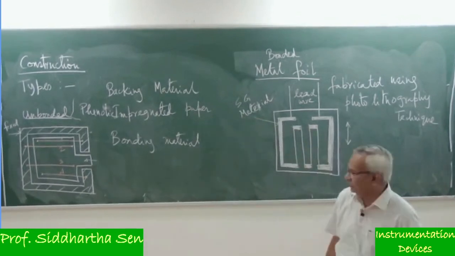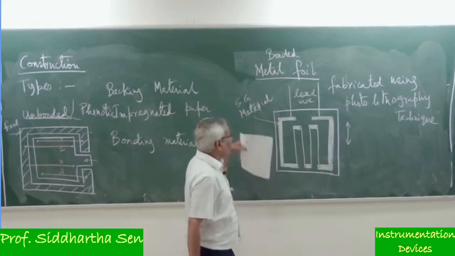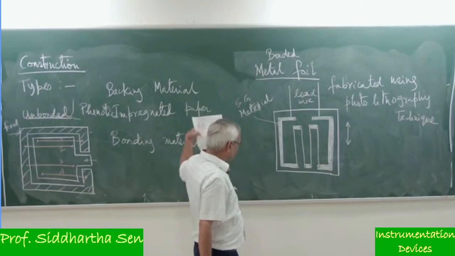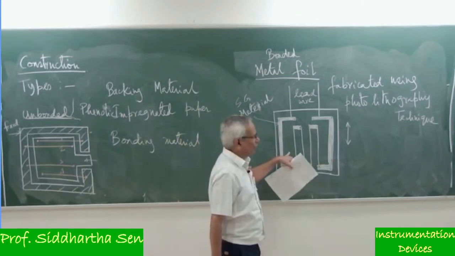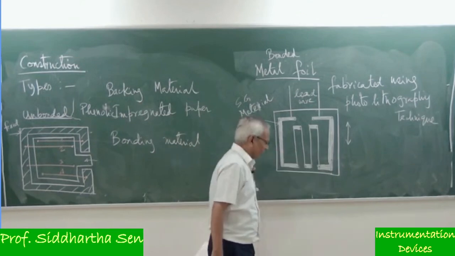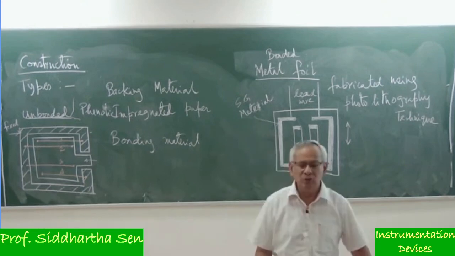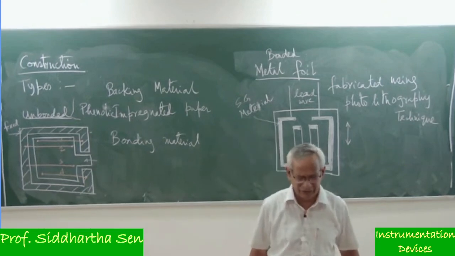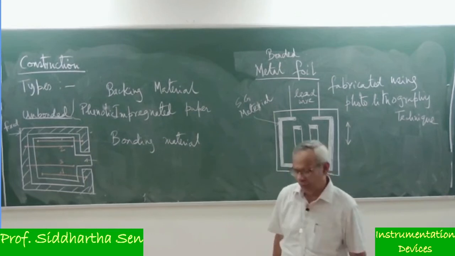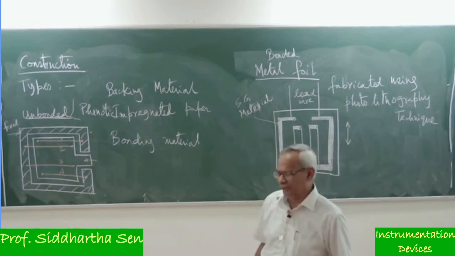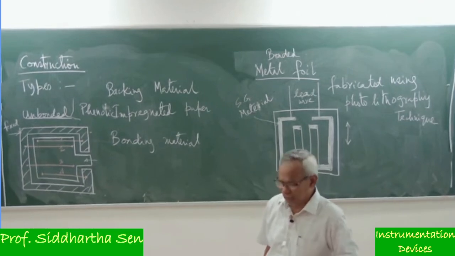But the important thing is that the strain of the structure has to be faithfully transmitted to the strain gauge, so it has to be very tightly glued over the structure. If it is not, then definitely it will cause some problem. And similarly, if the bonding material generates some strain, that will also cause some problem.